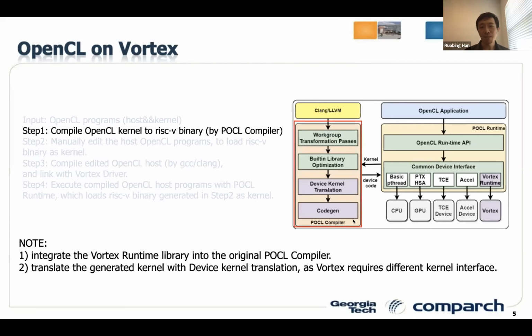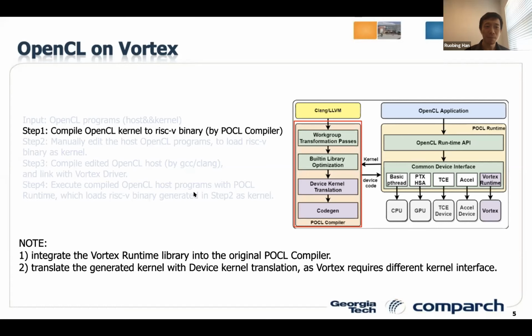In the first step, as I show on the right, we have to compile OpenCL kernels to a RISC-V binary. In this step, we have to use the POCL compiler because we have to do device kernel translation and code generation. However, the original POCL does not support the RISC-V architecture or the Vortex backend device, so we have to make some modifications to the original POCL compiler.